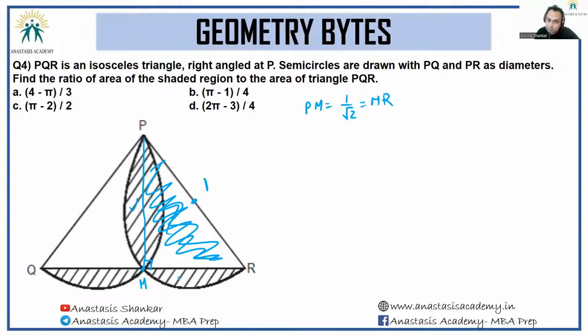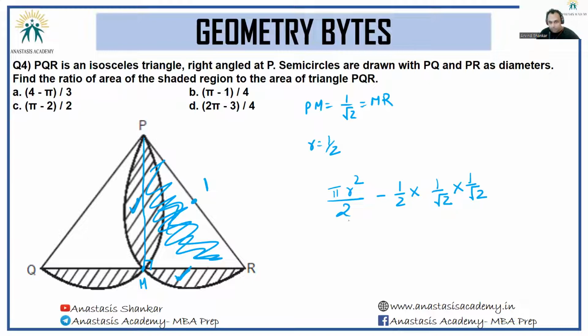In order to get these two shaded regions, you need to have area of semicircle with PR as diameter. From that, you have to remove area of triangle PMR. For that semicircle, the radius is half. So area of that semicircle will be given by pi r square by 2 minus half into 1 by root 2 into 1 by root 2.